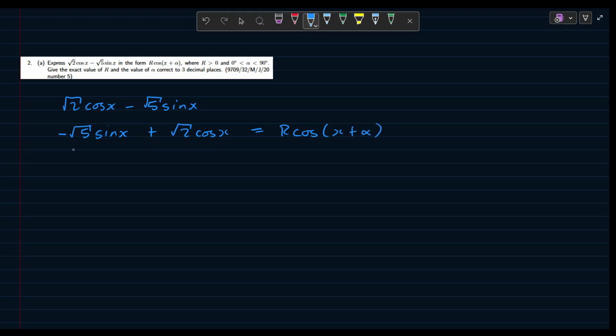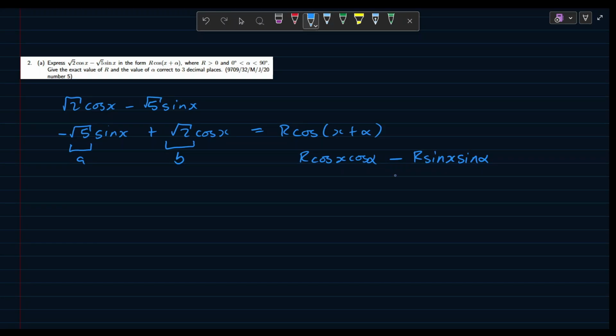So here it means that a is going to be root 5 and b is going to be root 2. You can ignore the negative sign here because when we expand r cos x plus alpha, we're going to get r cos x cos alpha minus, because of the way the compound angle formula for cos works, this is going to be minus r sine x sine alpha.